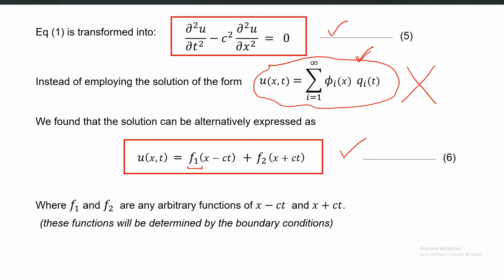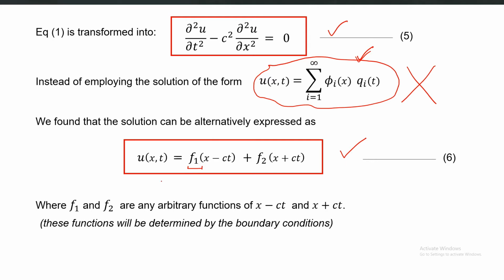This is the form of the solution which we just assumed, and in the next slide I will show you that this form of the solution, or these two functions f1 and f2, will satisfy equation 5, but they will be general solutions, and we will need the boundary conditions to actually determine the specific f1 and f2.